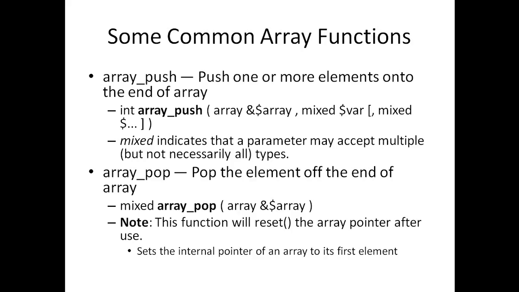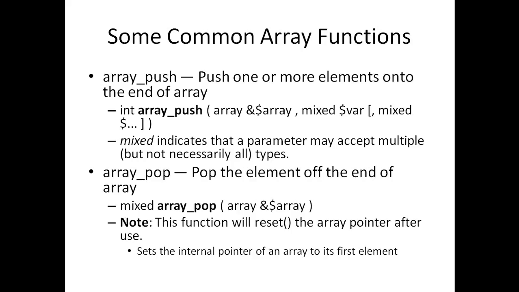Okay. You also have array pop, which is to pop the element off the end of the array, which returns a mixed. Because whatever the element is, it could be an integer, it could be a string, it could be another array. It could be a MySQL result. Anyway, so you have mixed array pop, and it takes an array by reference.